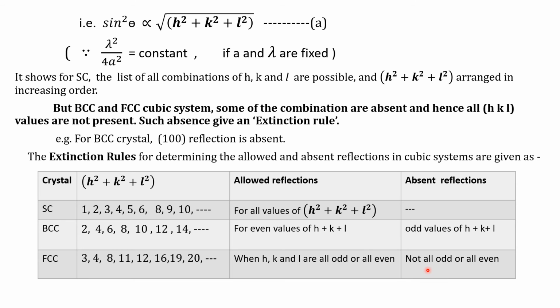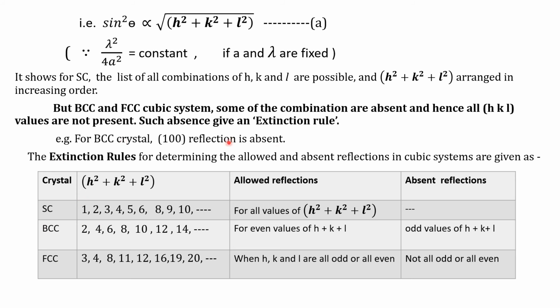Those that are not all odd or not all even. Those are the absent reflections. Comparing simple cubic, BCC and FCC, using the allowed and absent reflections among the various combinations of hkl, we decide whether a given crystal structure is simple cubic, body centered cubic or face centered cubic.